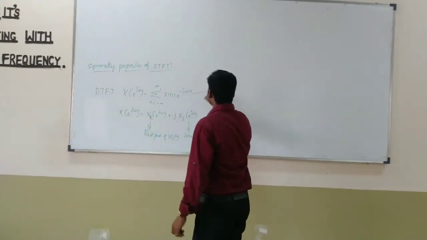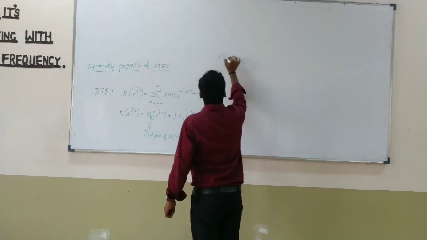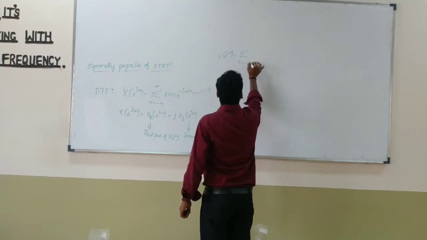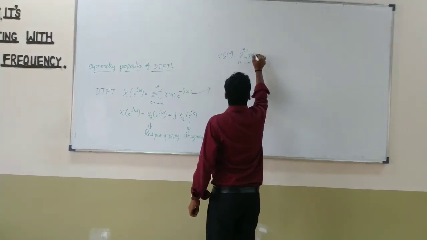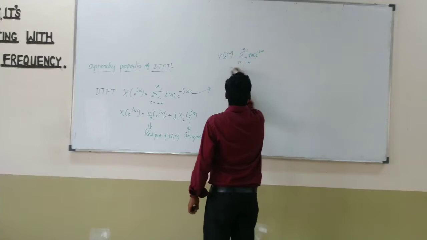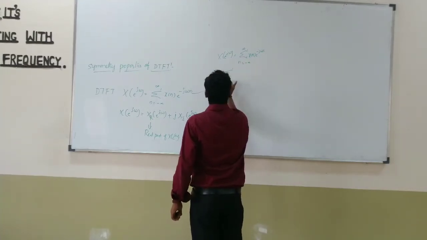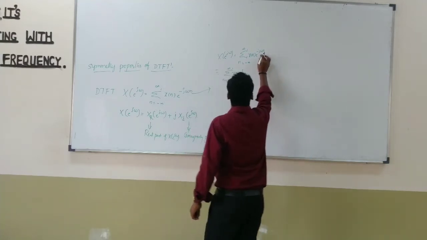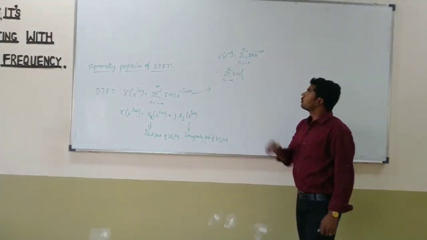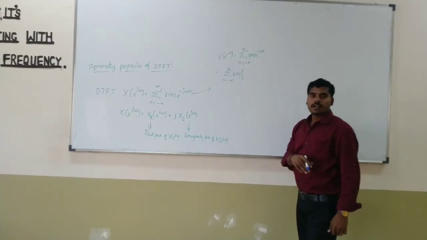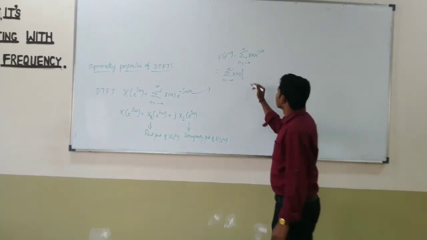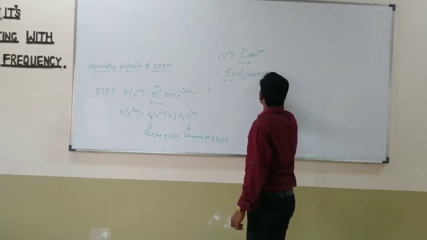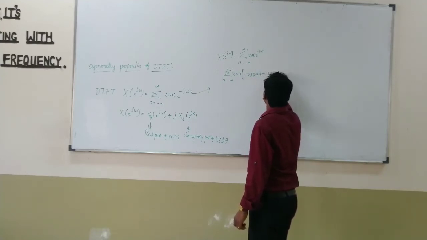From this definition, X of e power j omega is equal to the summation from n equals minus infinity to infinity of x of n into e power minus j omega n. Here e power minus j omega n is also a complex quantity, so it can be represented in the form of cos as well as sin according to Euler's theorem: cos of omega n minus j into sin of omega n.